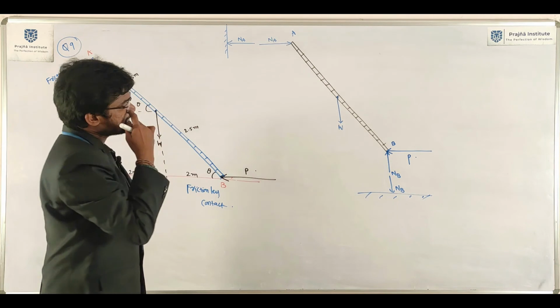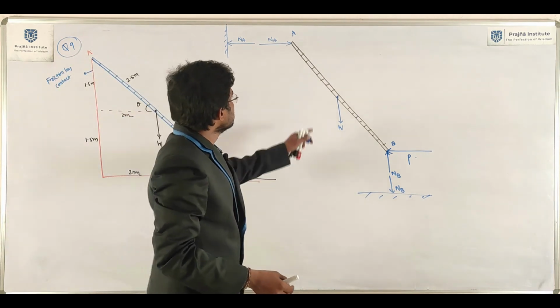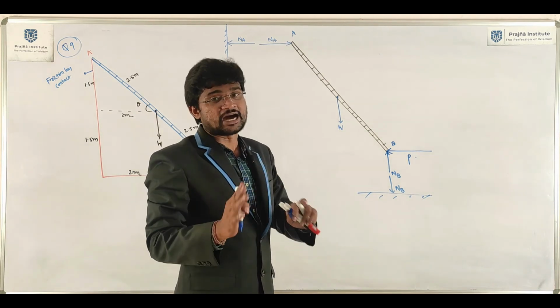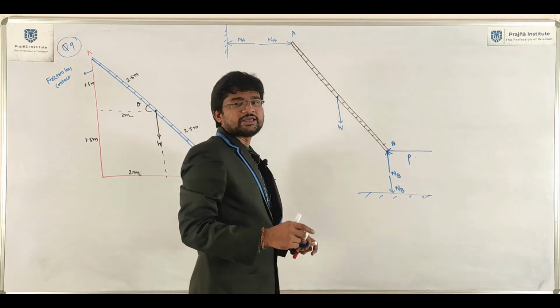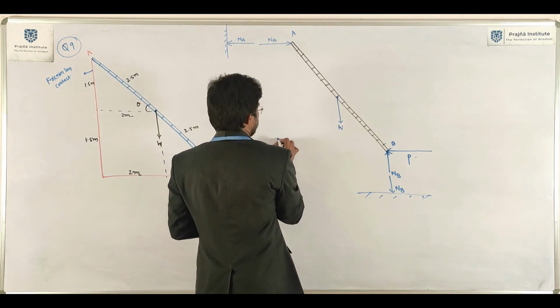Okay, so frictionless contact, there is no frictional resistance here, and there is no inertia of the ladder. That is why there are no inertia forces. This is the free body diagram for the ladder.